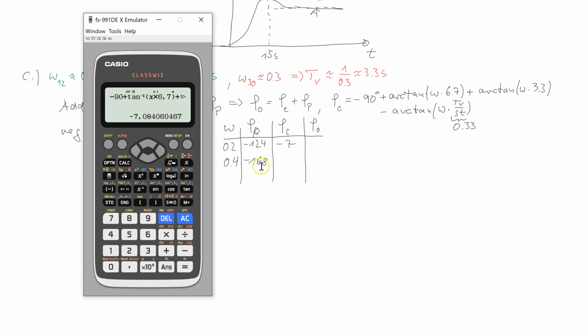We subtract 124. No, we want to use this equation. If I do any other steps, then this equation is deleted. So I calculate now 0.4, and then we have positive 25.